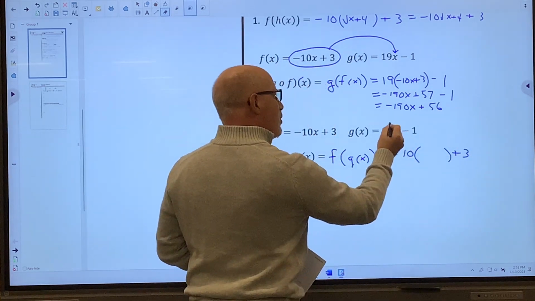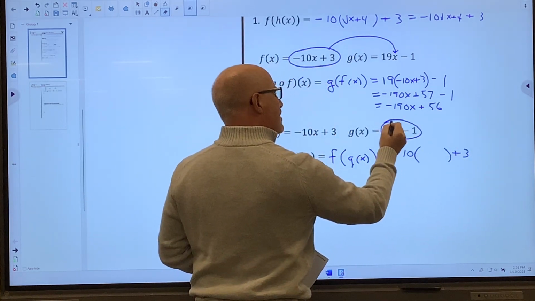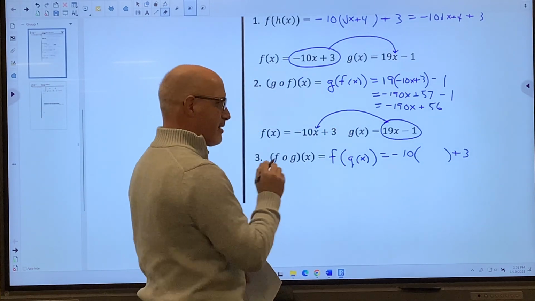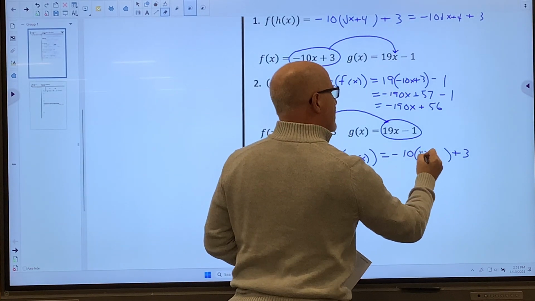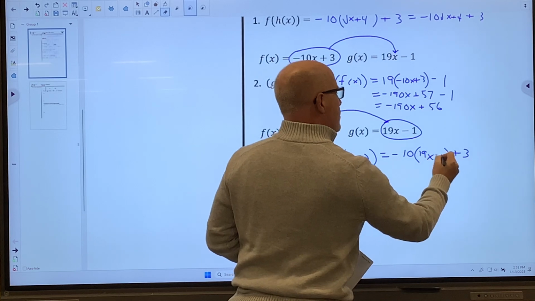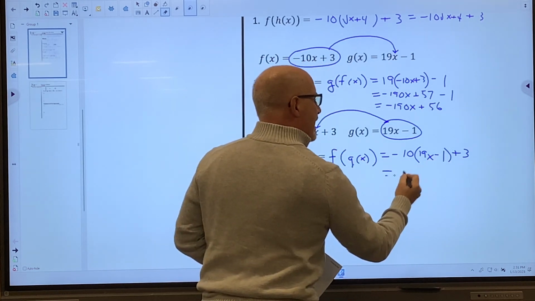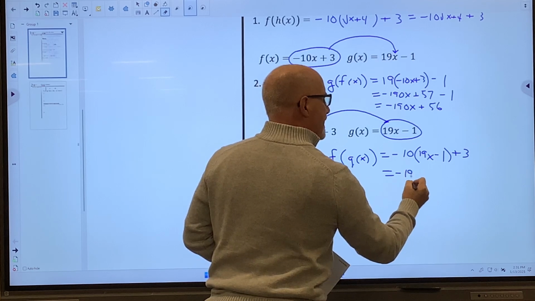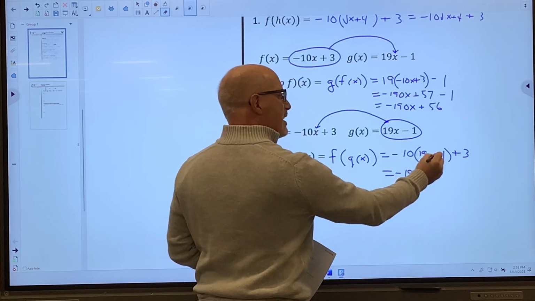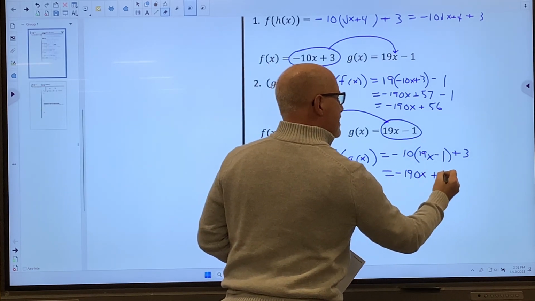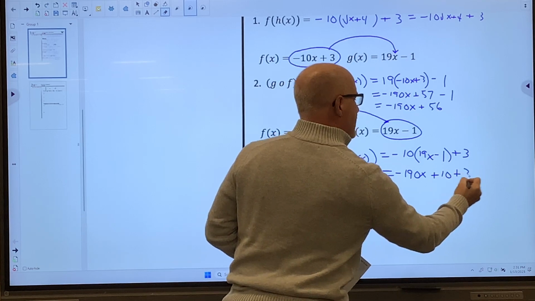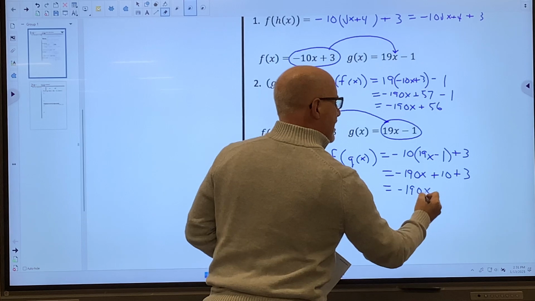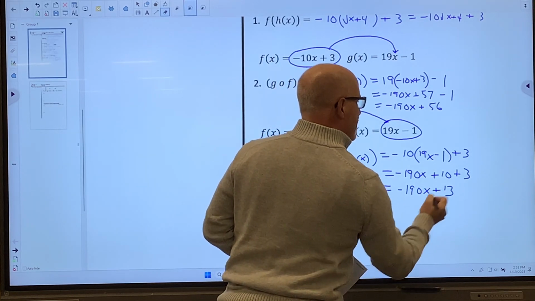And the new input, 19x minus 1, goes into that place for the x. So when I multiply that out, negative 10 times 19 is negative 190x. Negative 10 times negative 1 is plus 10. And then plus my 3 out there. So negative 190x plus 13 is my result.